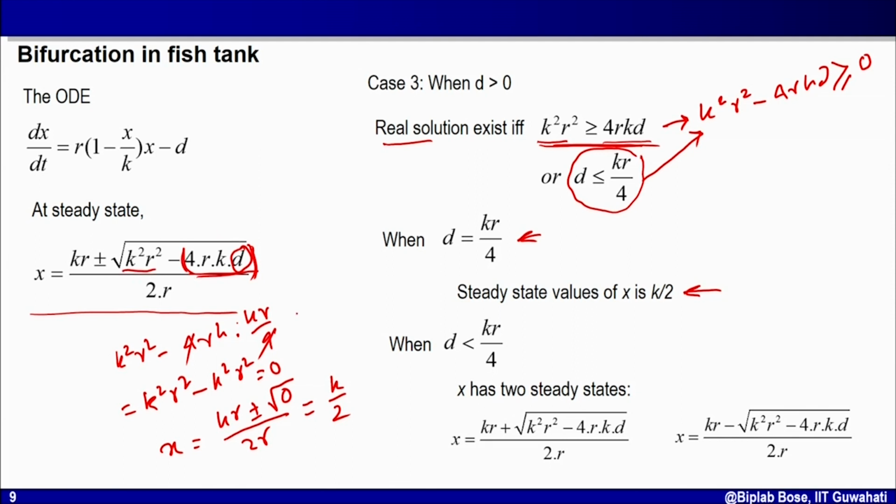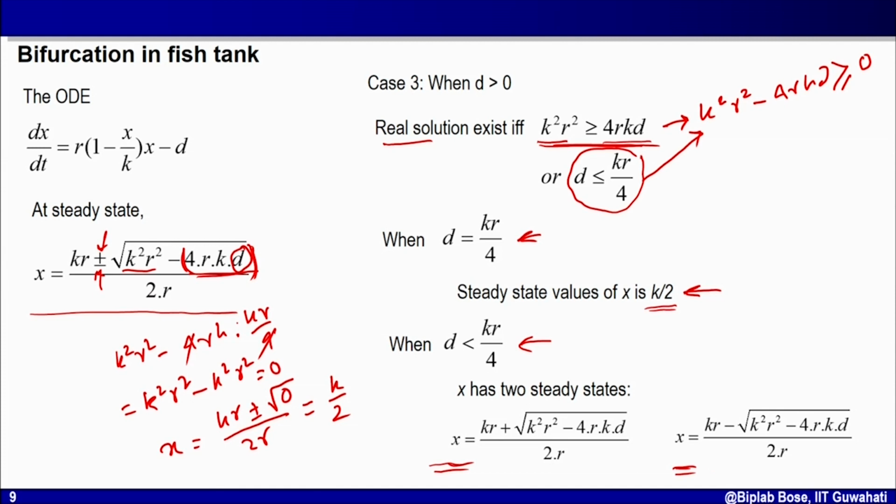So that means I will have these two solutions. x equal to kr plus, I have taken the plus sign from here, square root of k square r square minus 4rkd, divided by 2r, and then another solution with this negative sign, kr minus square root of k square r square minus 4rkd, divided by 2r. So when I have d equal to kr by 4, I have only one steady state at k by 2. When d is less than kr by 4, I have two solutions. One is this one, the other one is this one. So I have two steady states.